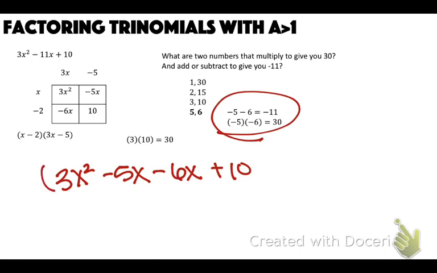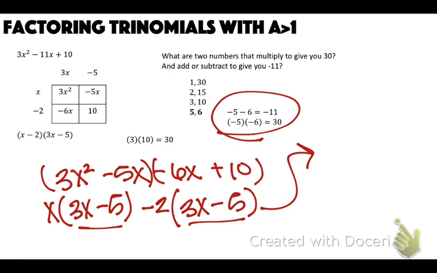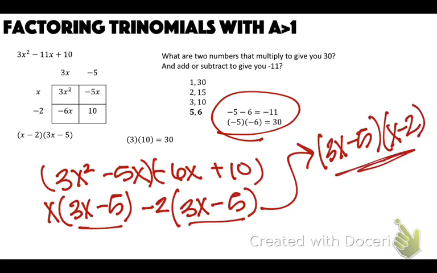So if we group these two and group these two, between those I can only pull out an x, and I'm left with a 3x minus 5. Between those I can pull out a negative 2, and I'm left with a 3x minus 5. These are the same. Oh, it does work. Sweet. It doesn't matter what order you do it in. So 3x minus 5 and x minus 2. Same thing.